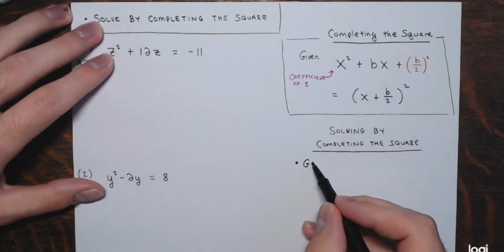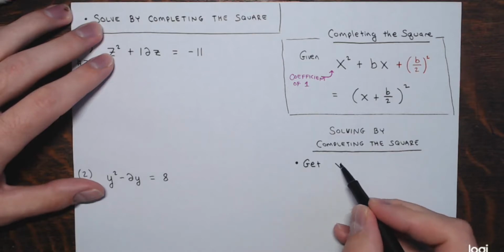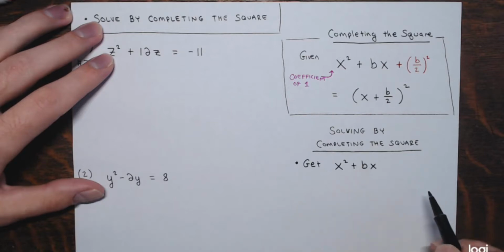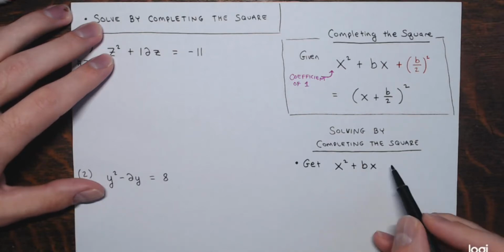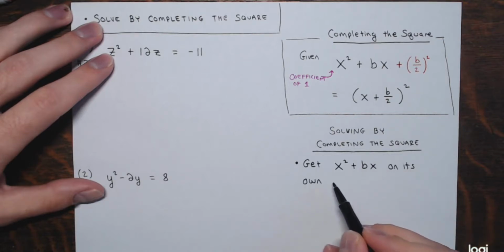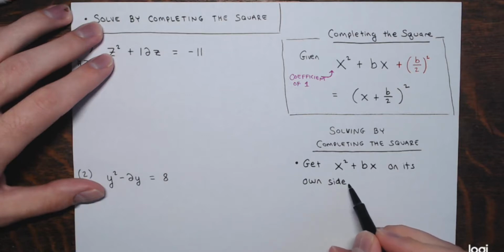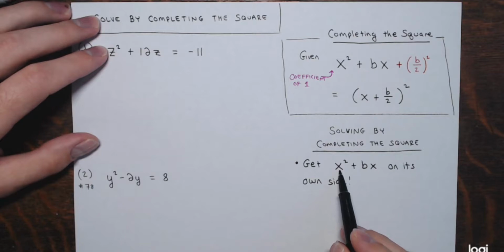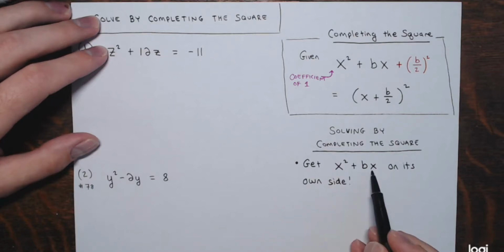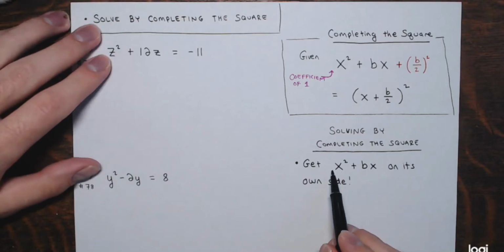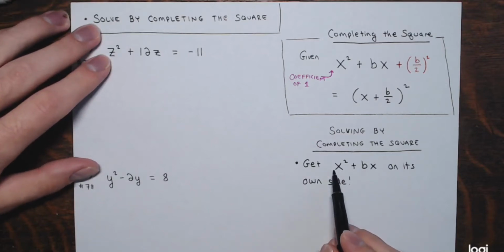So get that 1x squared plus bx on its own side. Again, basically get a quadratic term and a linear term by itself, and the quadratic term has a coefficient of 1.